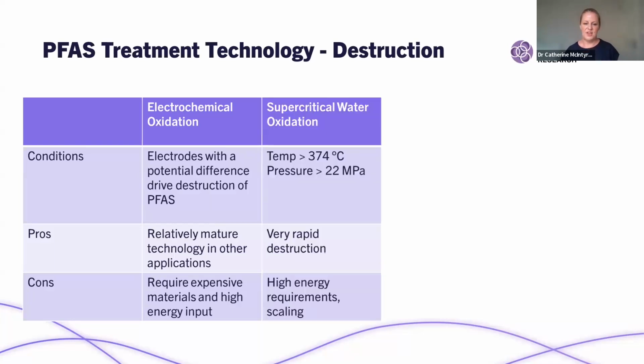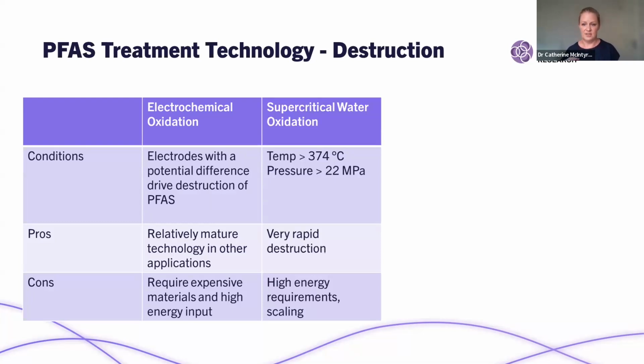So an alternative then is supercritical water oxidation. So this is taking water above the supercritical point, which is temperatures above 374 degrees Celsius, pressure above 22 megapascals, so that's 220 times atmospheric pressure.